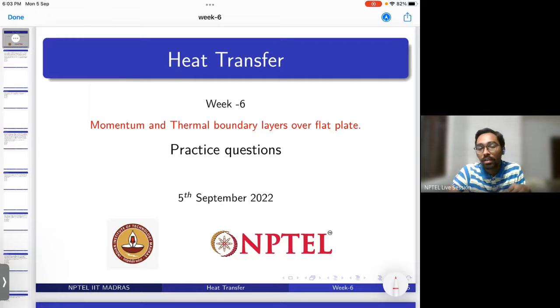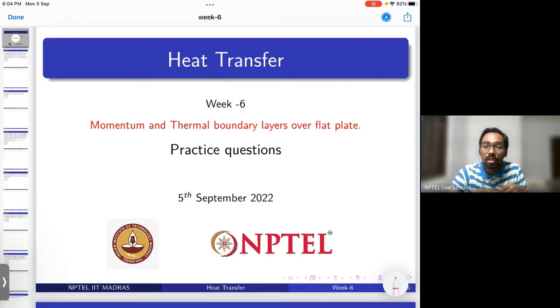Then in week six, as a continuation, we discussed mainly the turbulent boundary layers, and also the analogy, that is the Reynolds analogy and modified Reynolds analogy, which gives a relationship between the heat transfer and the fluid friction over a flat plate.